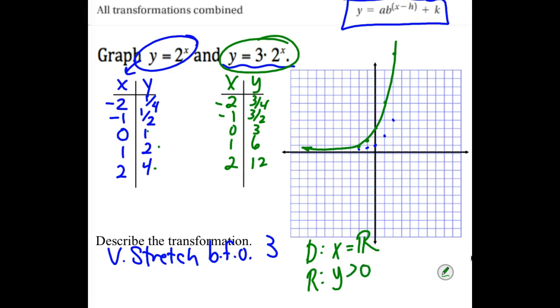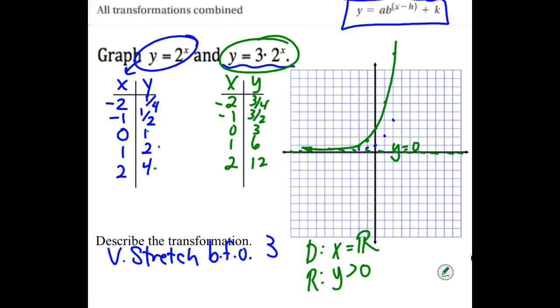That's because the horizontal asymptote is where? The x-axis, which has what equation? y equals 0. So we do have that horizontal asymptote at y equals 0. And all my y values have to be above that. Questions on that one?